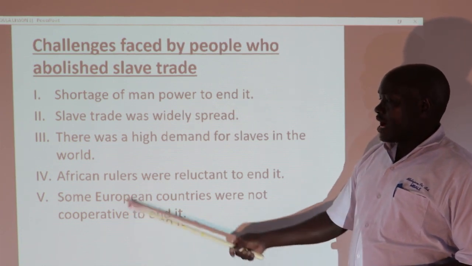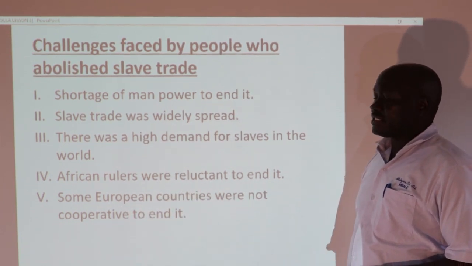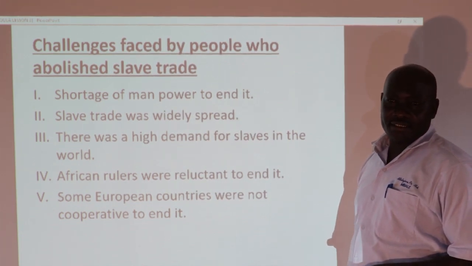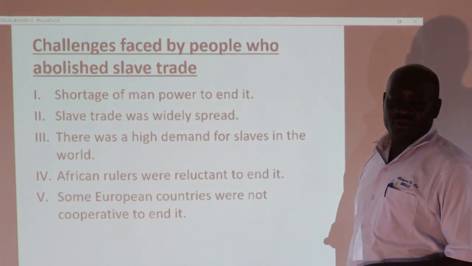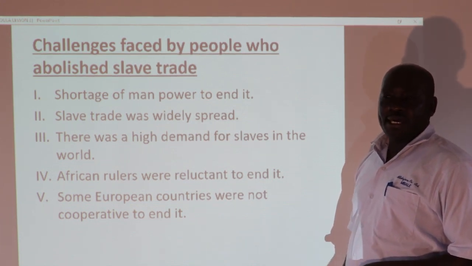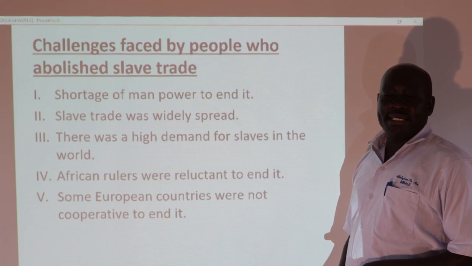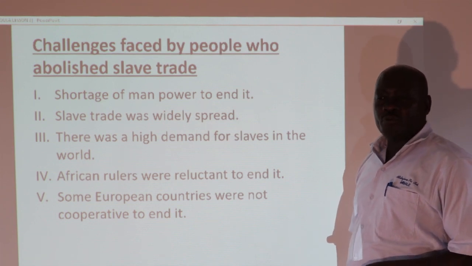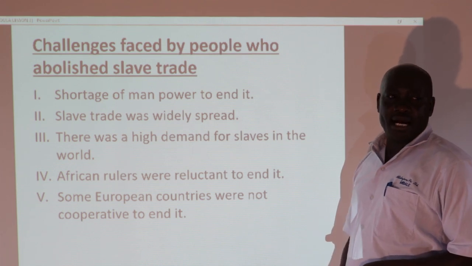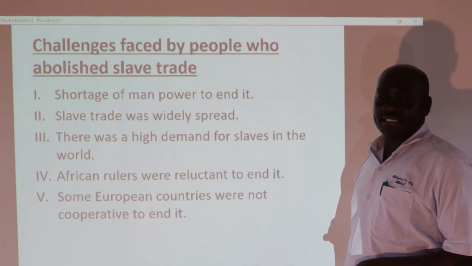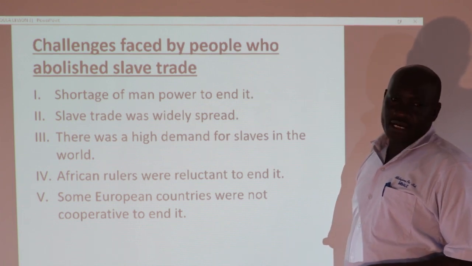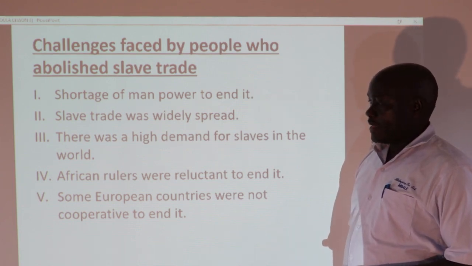Then the other one, African rulers were reluctant to end it, meaning that African chiefs and kings were happy with the slave trade. They never wanted slave trade to come to an end, because it was one way they were getting goods from the Arab traders. Some of them were kings, they wanted guns, but they had no way of getting guns apart from exchanging them with African slaves.